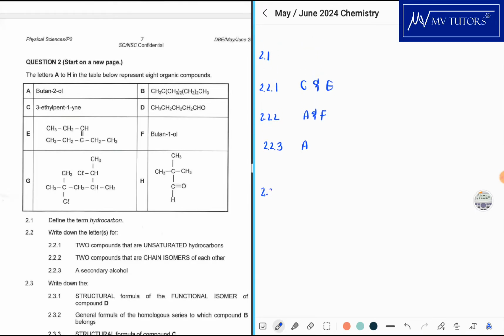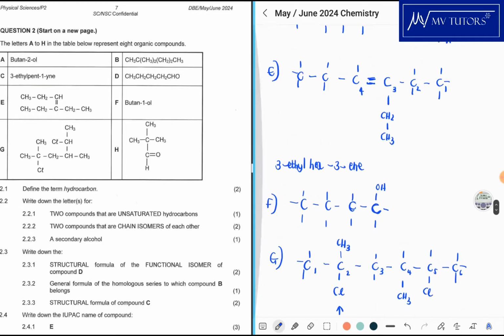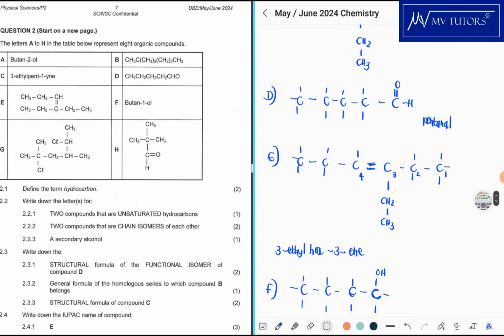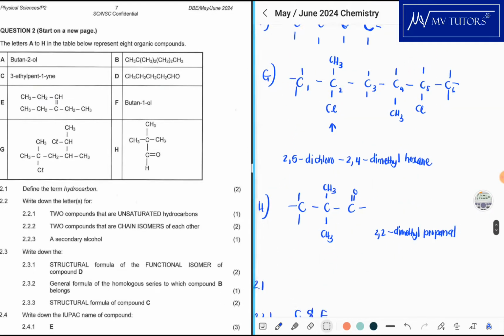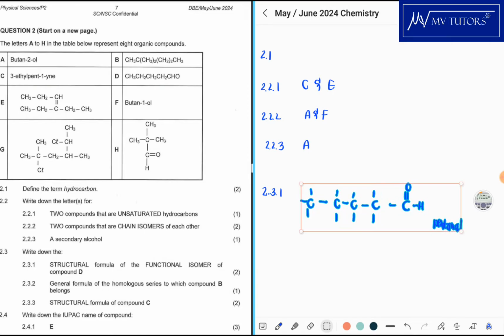And then now 2.3. It says write down the structural formula of the functional isomer of compound D. So compound D, this is what it was. Okay, we have pentanol. For the functional isomer, we're going to go from aldehyde to ketone.